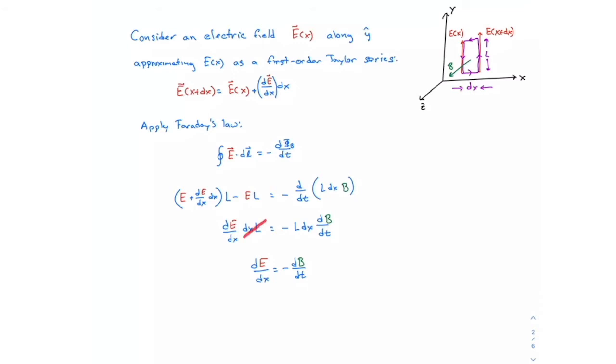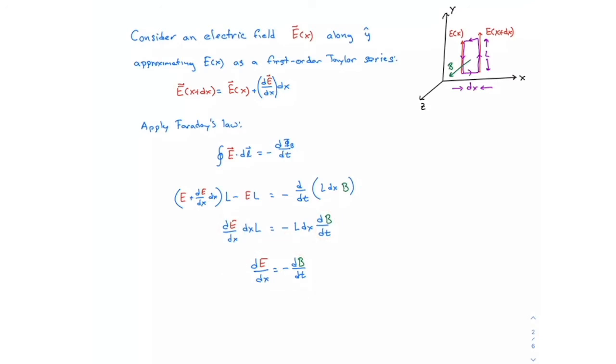And now I can see that the dx times L's cancel, which I'm hoping would happen because this is just an arbitrary loop that I drew, right? Whatever relationship I have between the electric and magnetic fields here should be independent of how I draw a loop in my diagram. And what I'm left with is this term on the left equaling minus this term on the right.